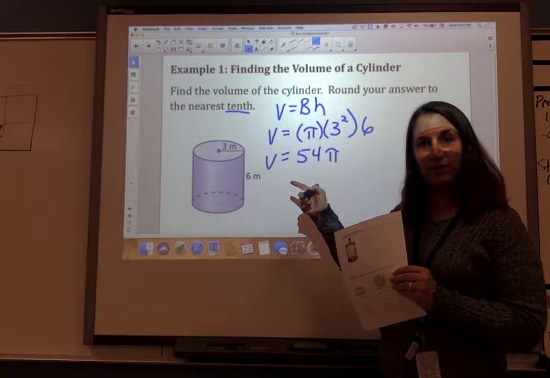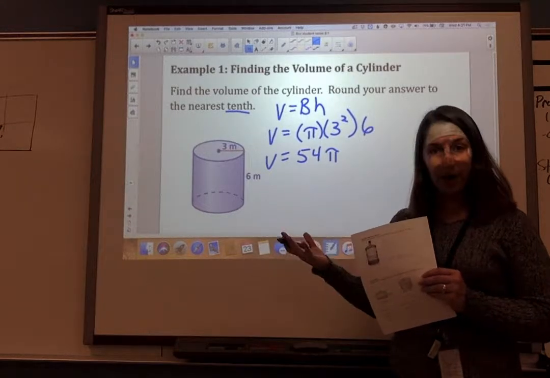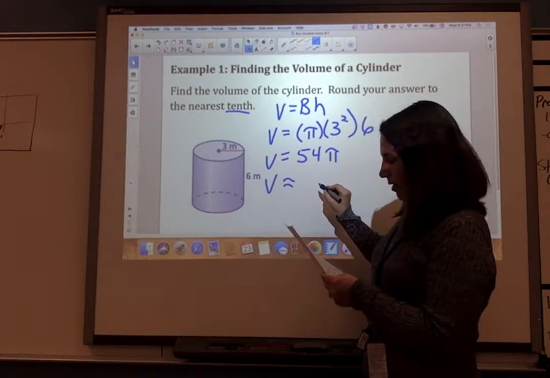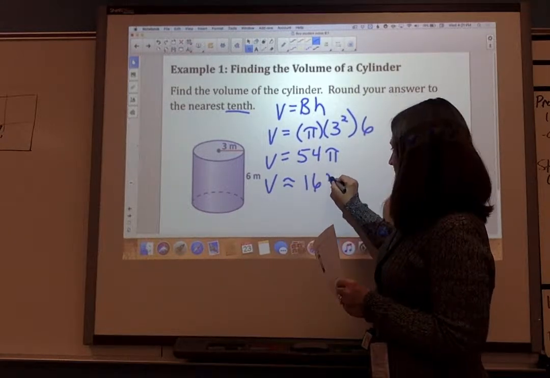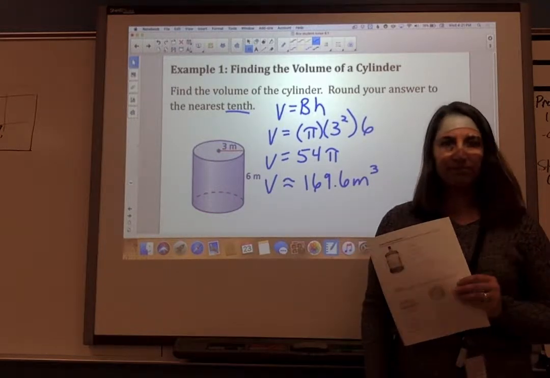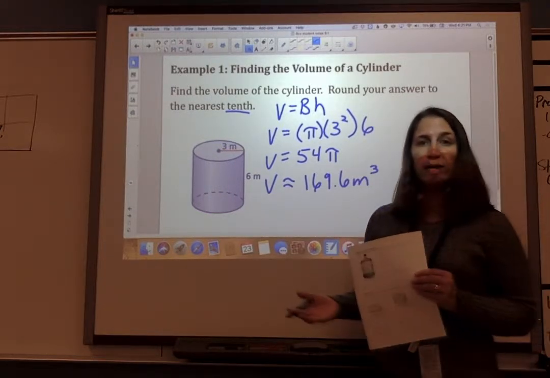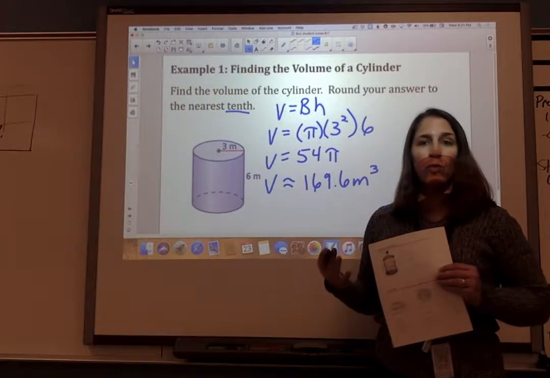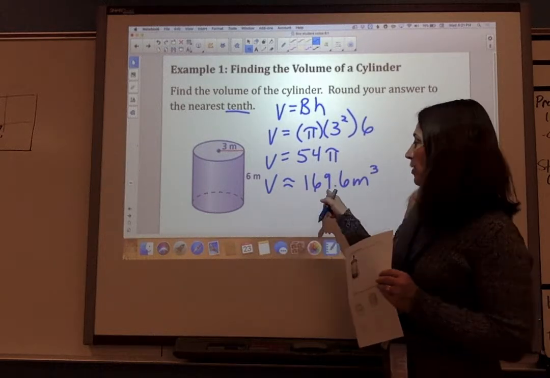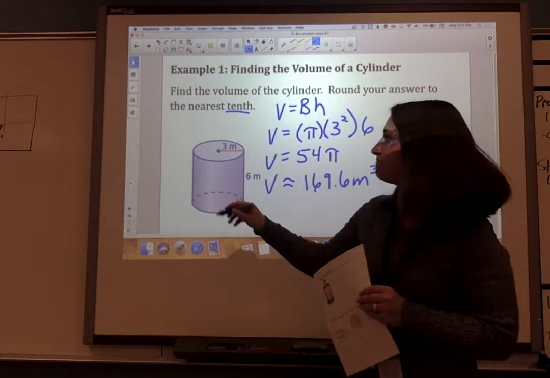So when you multiply 54 times, use the pi button to get all of the digits of pi, and our volume is approximately 169.6 cubic meters. Don't use 3.14 as an approximation or 22 over 7. I want you to use the pi button in your calculator, but then round your answer to the nearest tenth.